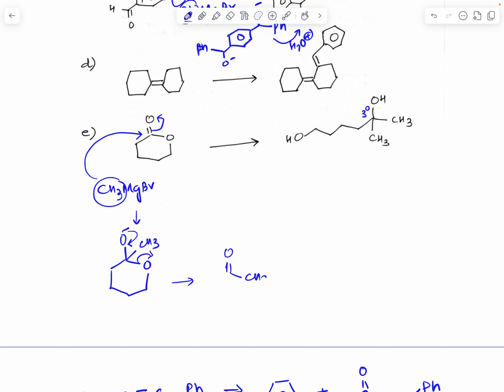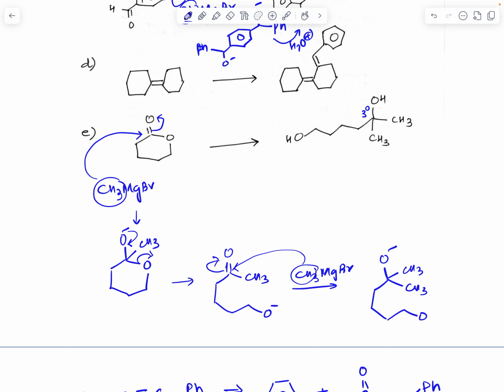So you basically have a ketone right now on this side of the molecule. Then another Grignard attacks, CH3MgBr. So basically you need two equivalents. That attacks, that goes up, and you have CH3, CH3, and there you have it. Now when you do an H3O plus, both the O minuses get protonated, giving you this molecule. Okay? All right.